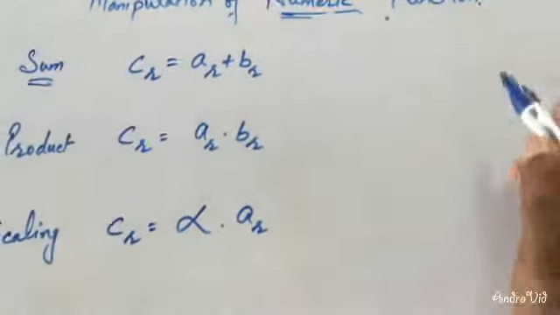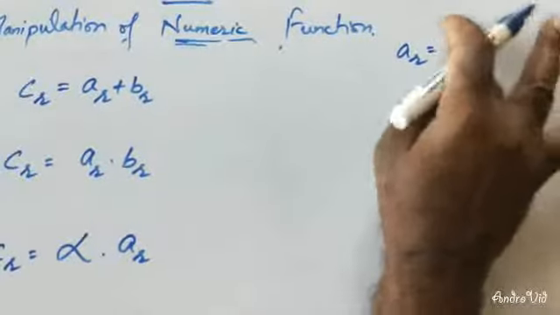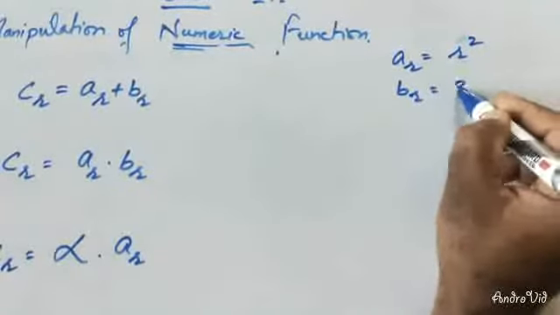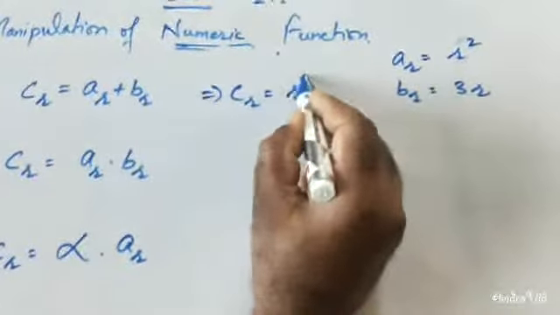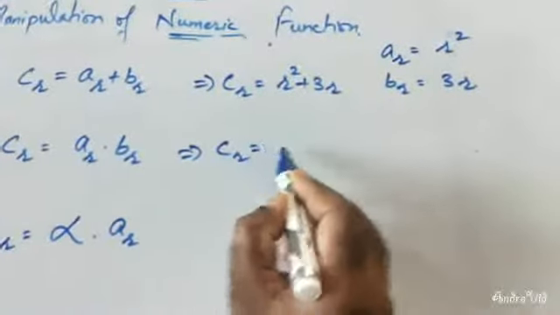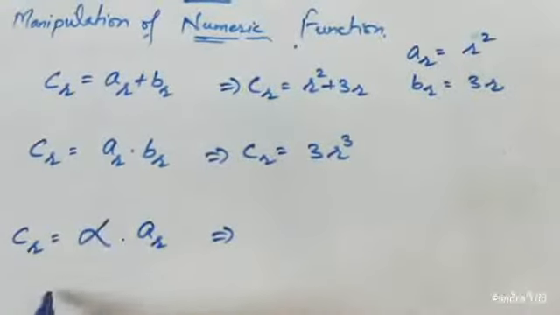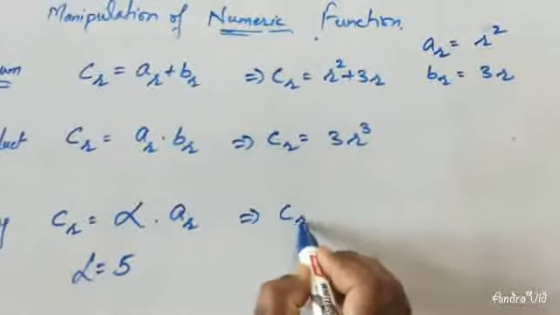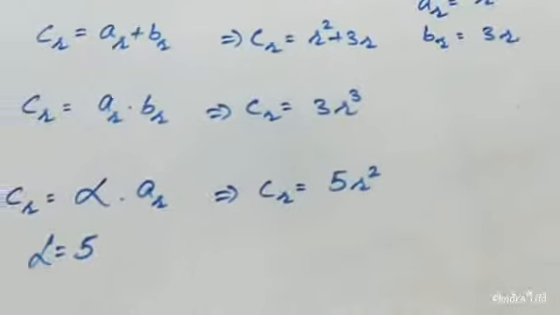So if a(r) is a function r square, b(r) is a function 3r, then here c(r) will be r square plus 3r, and for the product c(r) equals 3r cube. And now if alpha equals 5, because alpha will be some constant, then c(r) equals 5r square. So these three are basic manipulations of numeric functions.